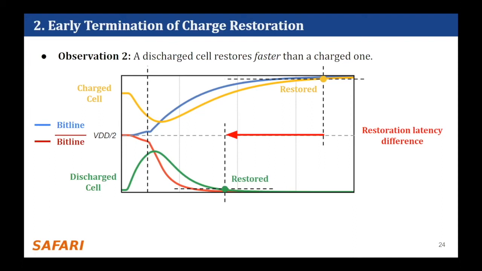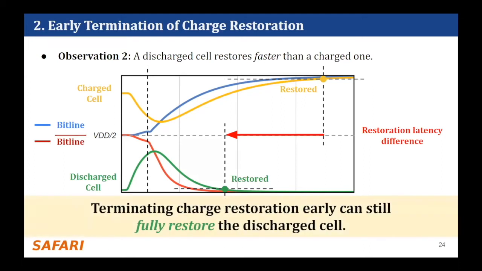This is because the restoration current of a charging cell is more limited than that of a discharging cell. In other words, if we terminate the charge restoration process of a logical cell earlier, we can still have the discharged cell fully restored. Leveraging these observations, we reduce tRES by terminating the charge restoration process early.